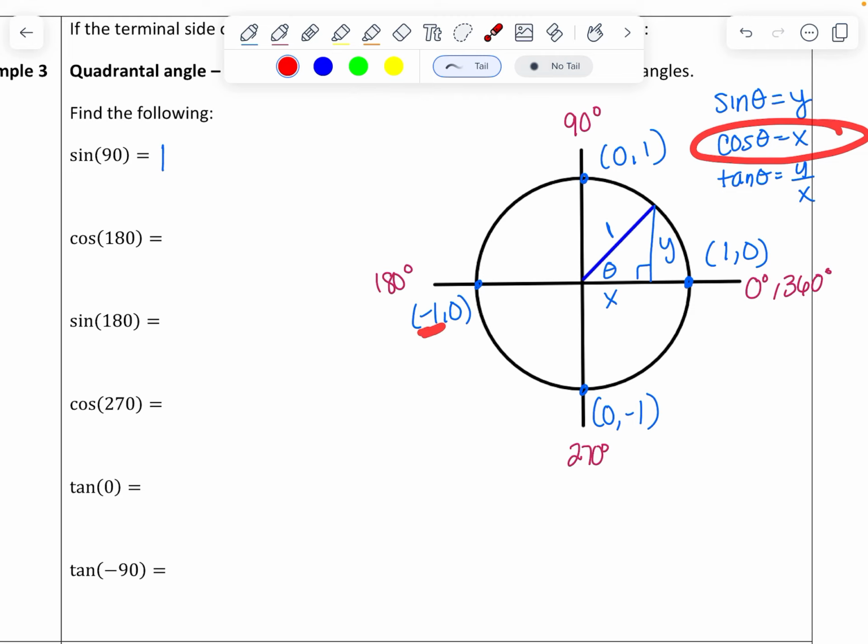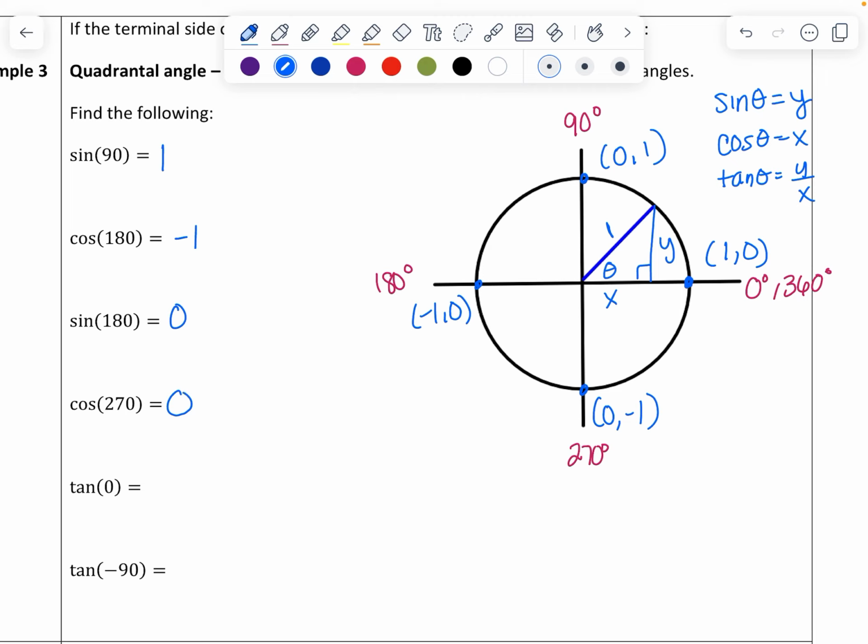Cosine is the x value, so cosine of 180 is -1. Sine of 180 uses the y coordinate, so it'd be 0. 270 is down here. We'd have the point (0, -1), and we're looking at cosine. Cosine corresponds to the x coordinate, so cosine of 270 would be 0.